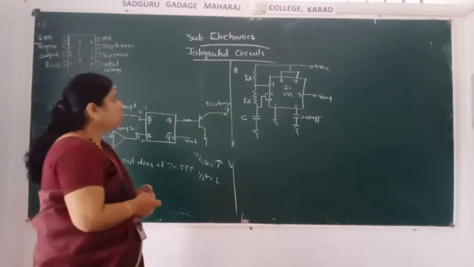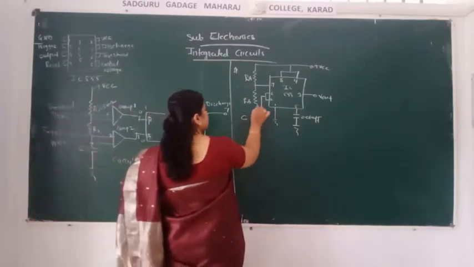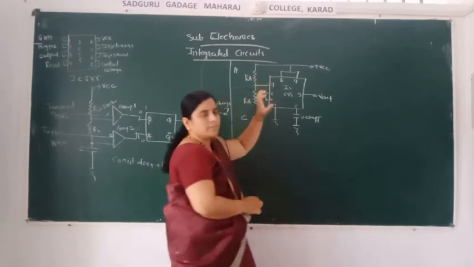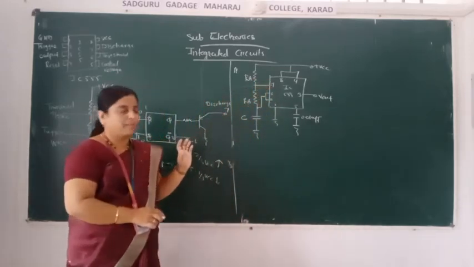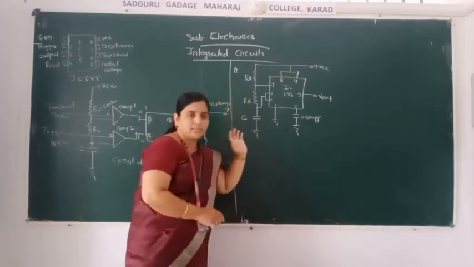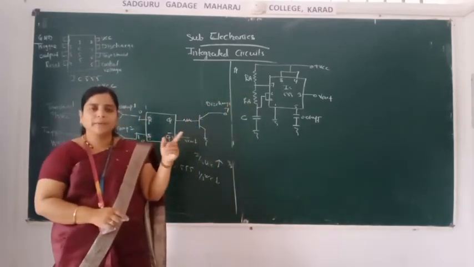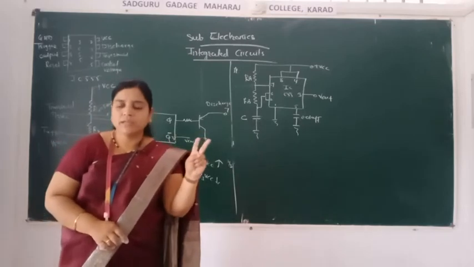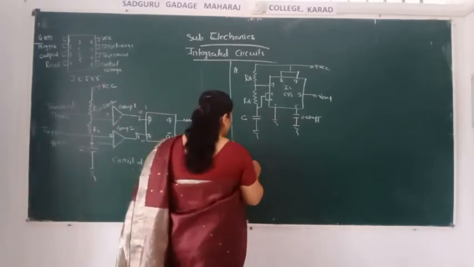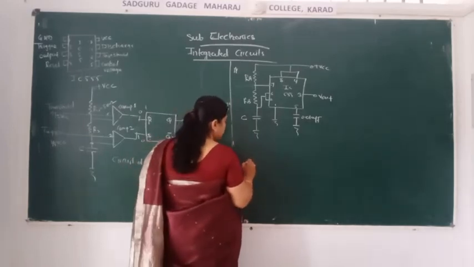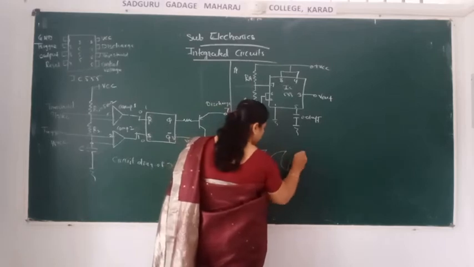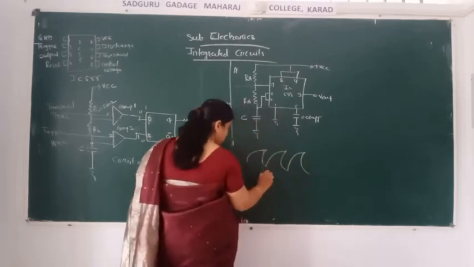In the monostable multivibrator, 1 resistor and 1 capacitor are used. The waveform for the astable multivibrator is like this. We get the spikes here.